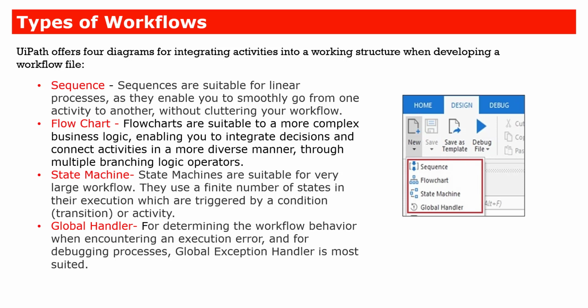I am not really a fan of the global handler because I think this could be done appropriately in the workflow itself, and there is no use for a global handler if you are designing well-defined exception handling. But in simple scenarios where you have a small process, you can design a global handler which can handle most of the exceptions. People are using it. I do not use it personally, right?